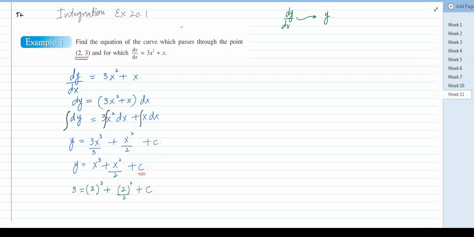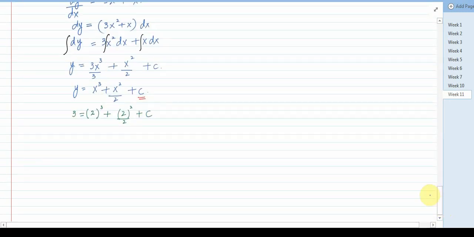Now in this equation only c is unknown, which is easy to find. So 3 equals 2 cube is 8 plus 2 square 4 divided by 2 plus c. 2 2s are 4, 8 plus 2 is 10 plus c equals 3, and c is negative 7.